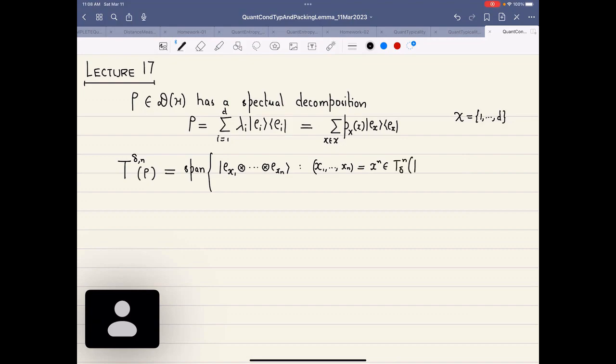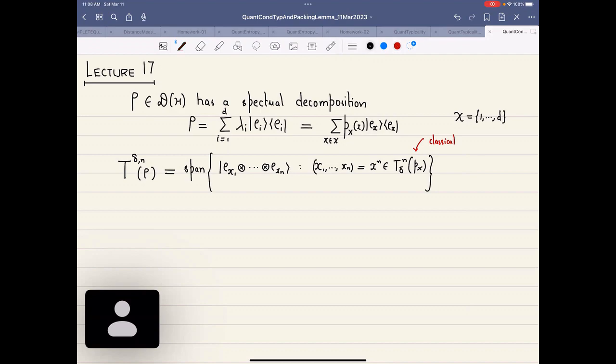This is the classical definition of typicality for Px. You just have to see that the proportion of the indices must be close to the lambda i's, or the Px's.